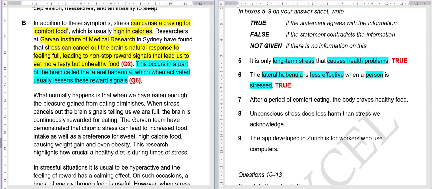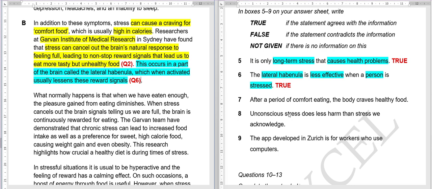Here A is your normal brain functioning, B is your stress, and C is your lateral habenula. They are saying the lateral habenula is less effective when a person is stressed. So C is less effective when B is strong. When A is strong, C is strong. When A is weak, C is weak. A similar thing is happening here. I hope it is clear.